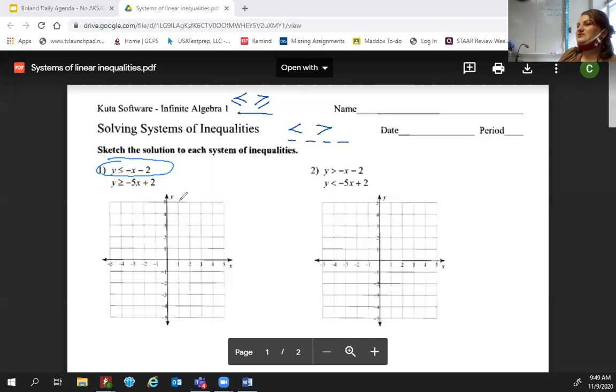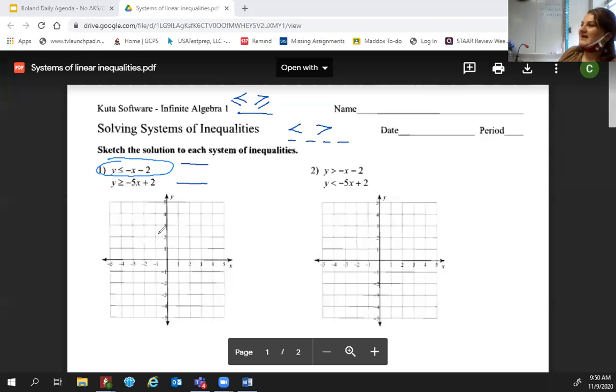So for our first systems of inequalities, my first equation, I'm going to create a dashed or dotted line. For my second inequality, I will be creating a solid line. Good job, guys.